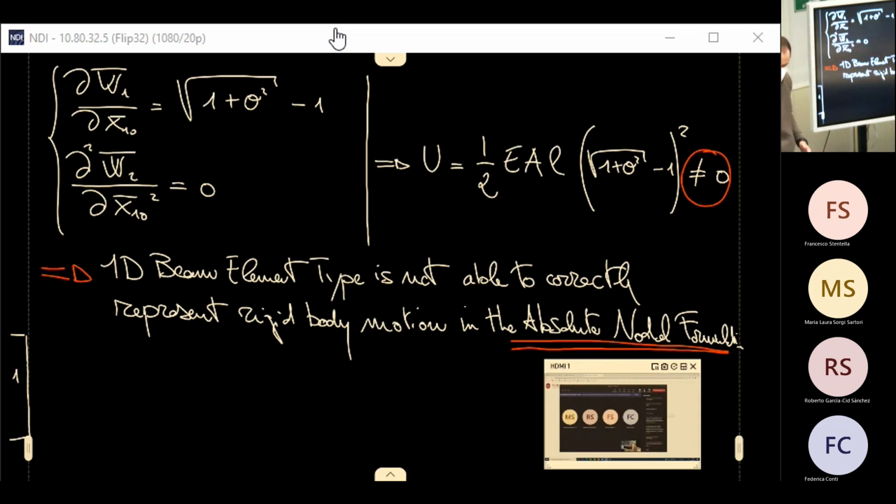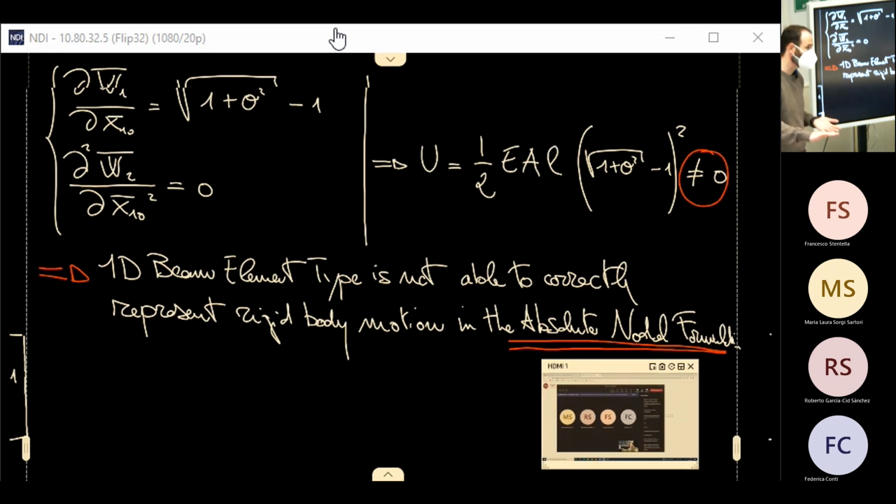In fact, these kinds of elements are representative of a structure whose thickness direction has been integrated. So this is a 1D element for a beam, or a 2D element for a plate or for a shell.